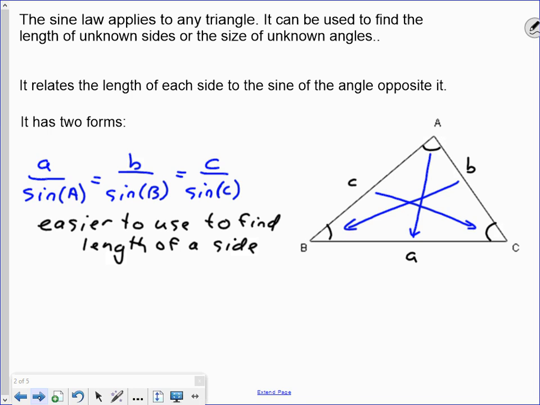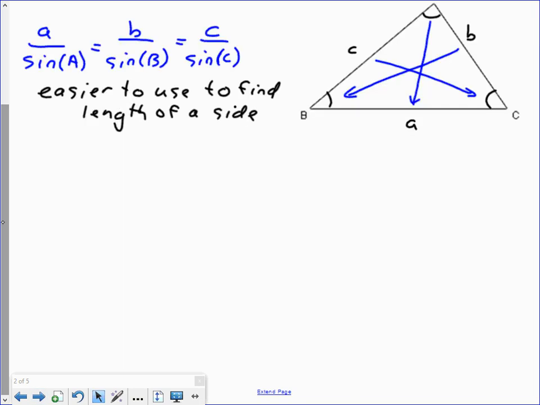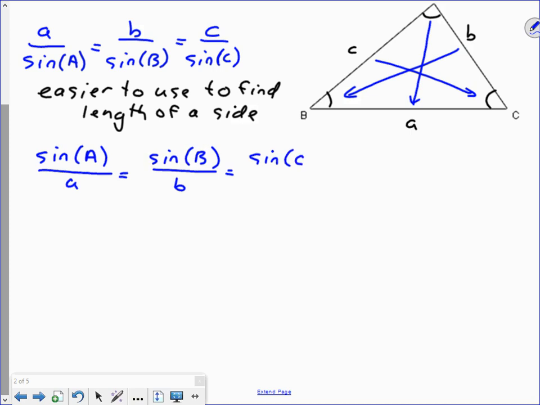The other form of the sine law is basically the same as this one; it's just that all of these ratios are flipped over. So it would be sine A divided by a, equals sine B divided by the length of side b, equals sine C divided by the length of side c.